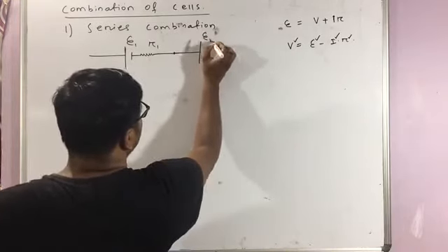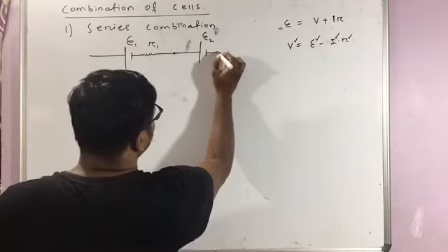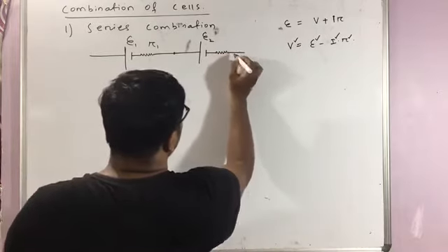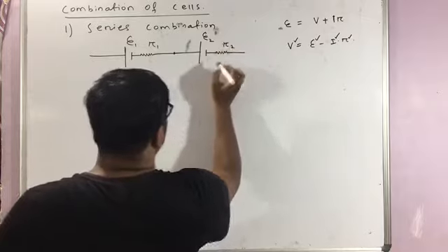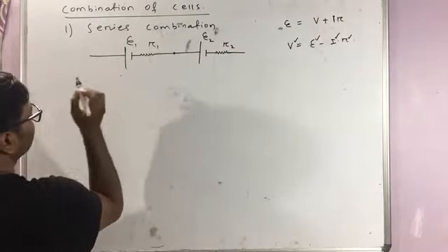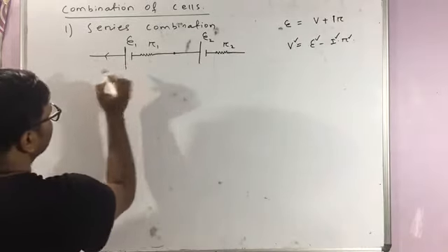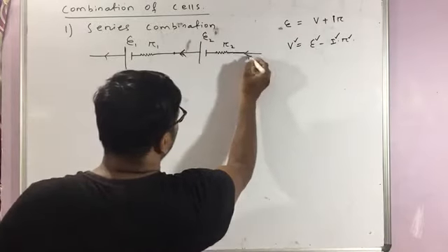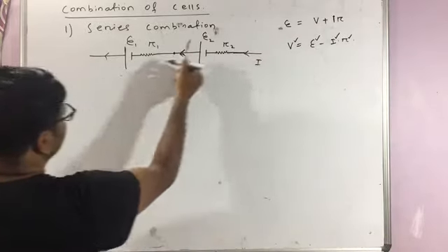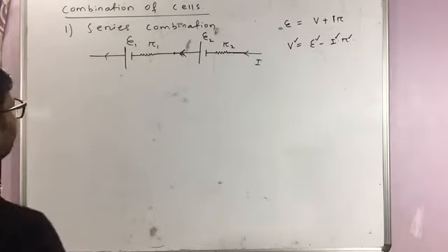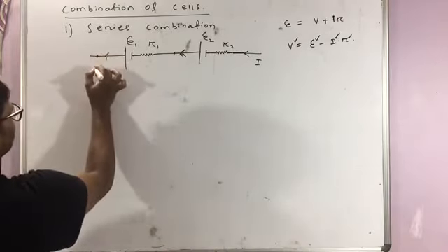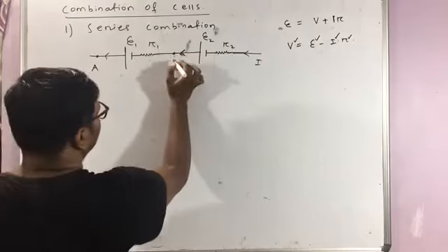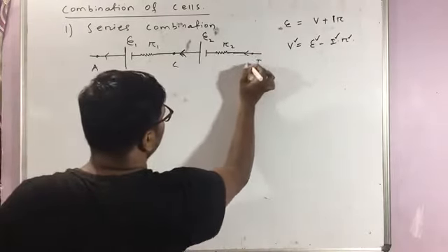Let's say its EMF is E2 and internal resistance is R2. Try to understand here. Suppose this is the direction of your current flow. Let's say I is the amount of current flowing through it. Let's say this point is A, this point is C, and this point is B.